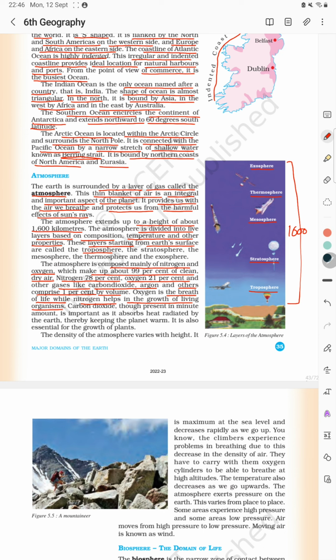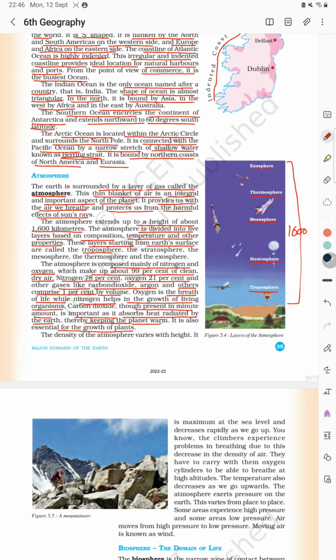Carbon dioxide, though present in minute amount, is important as it absorbs heat radiated by the earth, thereby keeping the planet warm. It is also essential for growth of plants.